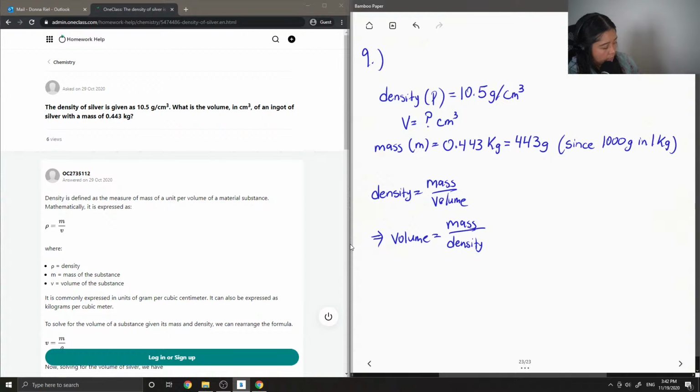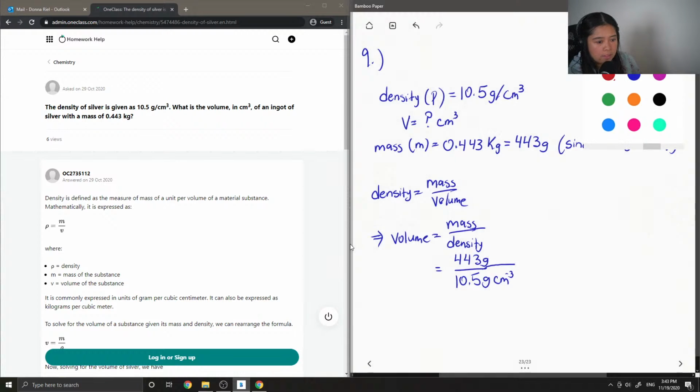Okay, so we are given both mass and density, so I'm just going to plug these values in. 443 grams over 10.5 grams per centimeter cubed.